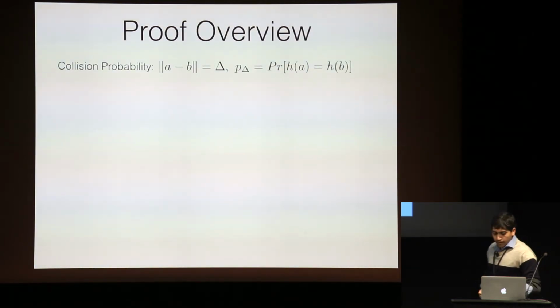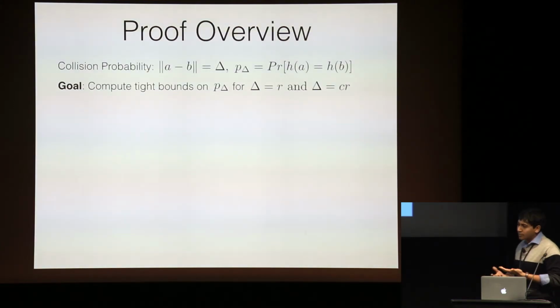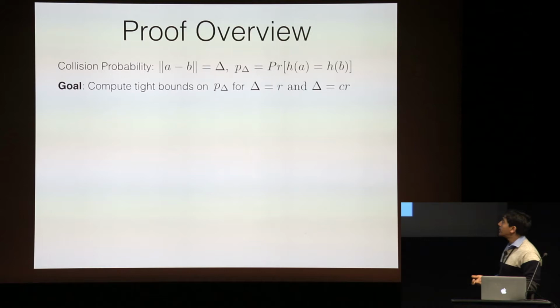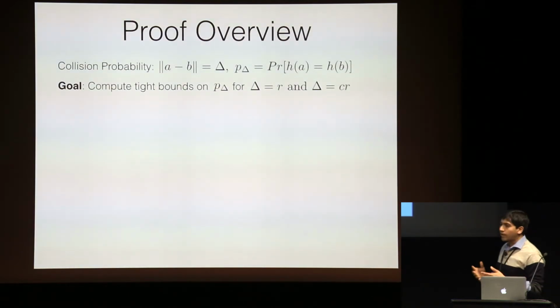In order to show that the lattice achieves an optimal LSH constant, we need to compute tight bounds on this P delta for delta being R, which is the near case, and delta being C times R, which is the far case.